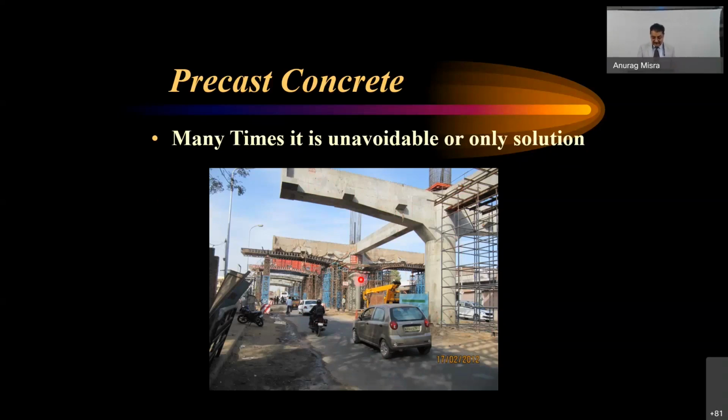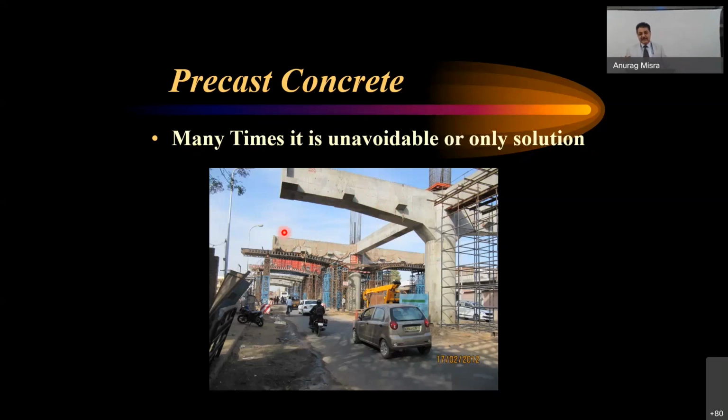So the thought of putting these kinds of portals for casting the pier caps, and then these brackets are left, which would be used for placing the girders. From here to here, you just bring the precast girder, put it, and traffic is not stopping. And then you can put precast panels for doing the slab, and then you can do the concreting on top.